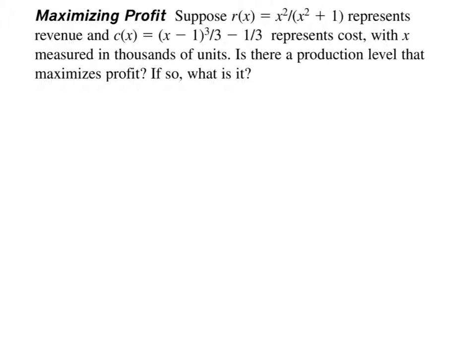Okay, so give this a shot, knowing that to maximize a profit, all you need to do is take the marginal revenue and set it equal to the marginal cost, and that will show you where you can maximize your profit. So hit pause, see if you can do this problem. Go.